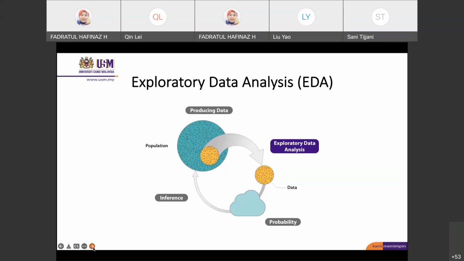Then maybe you could verify the distribution of each column. Are they matching the distribution that you expected? Is it normally distributed? In this stage, you can also search for outliers. Are there anomalies in your data?